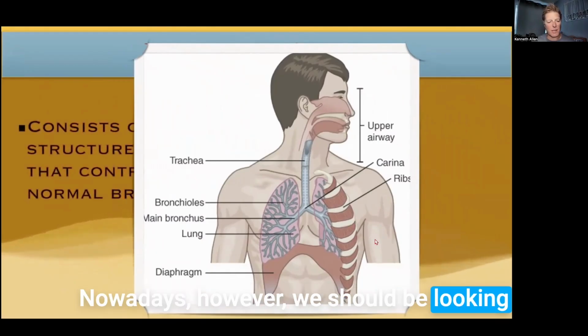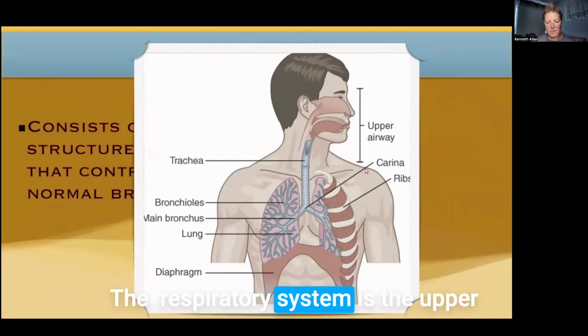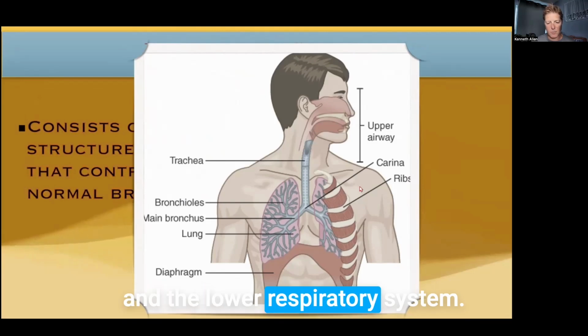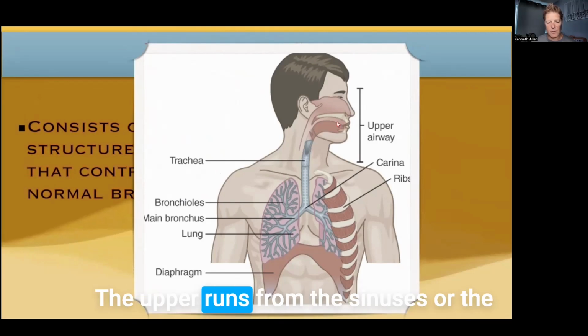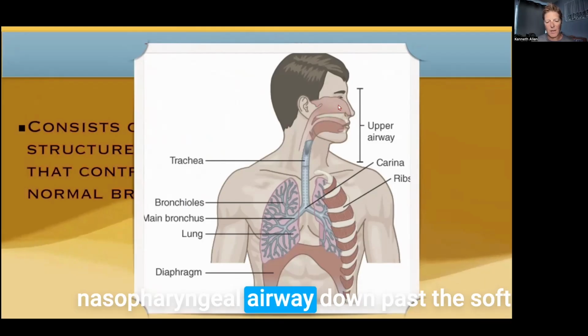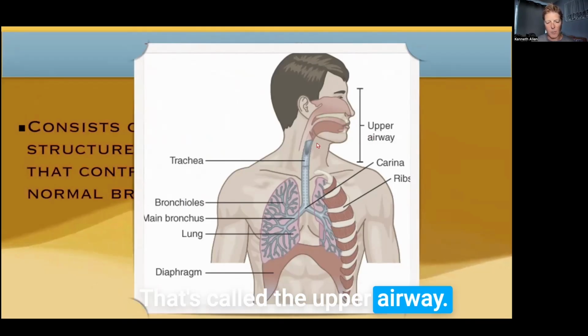However, we should be looking at what the system is consisting of. There in the respiratory system is the upper and the lower respiratory system. The upper runs from the sinuses or the nasopharyngeal airway down past the soft palate into the oropharyngeal airway. That's called the upper airway.